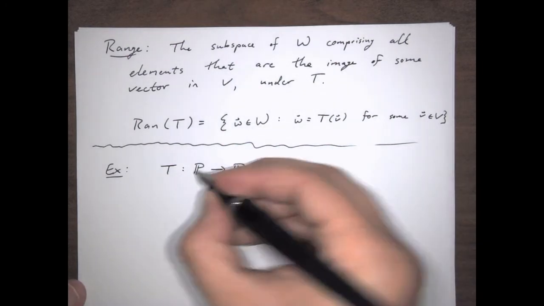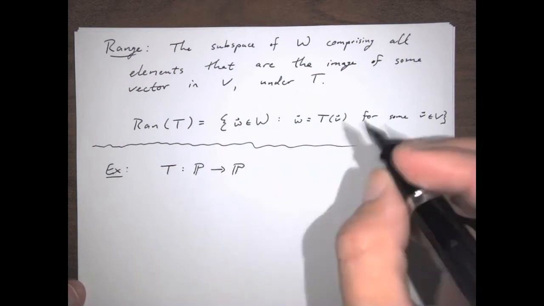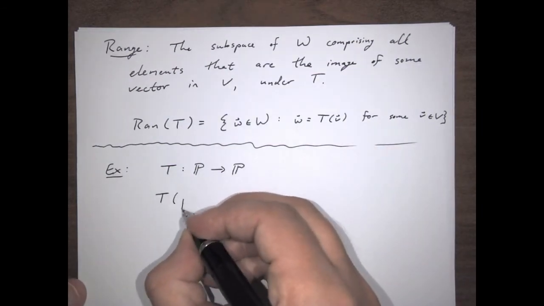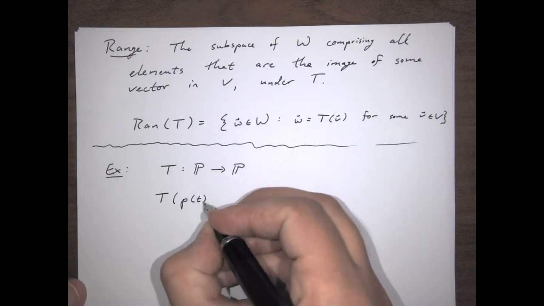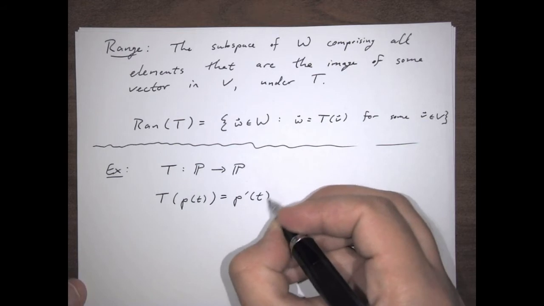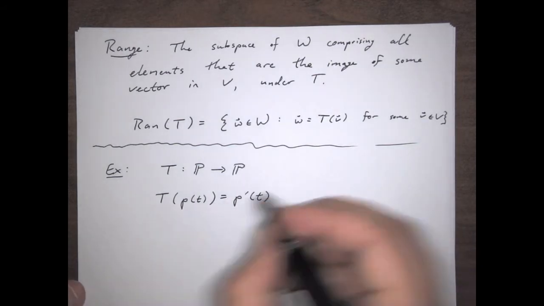And in particular, let's say that T represents differentiation. So T of p of t gives you p prime of t. So this is differentiation.